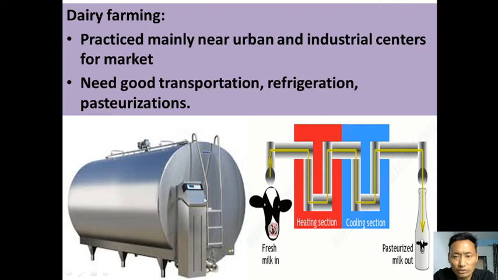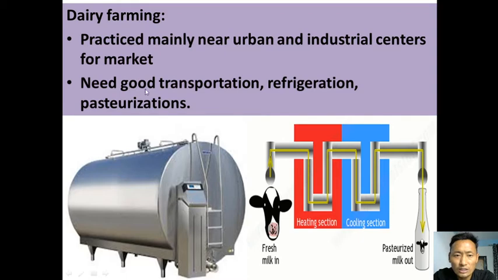This is called refrigeration, cooling down the milk temperature in order to preserve the milk. And pasteurization is heating up and cooling down the milk in order to kill the pathogens or bacteria inside the milk.